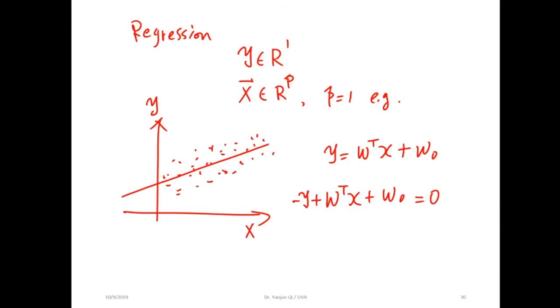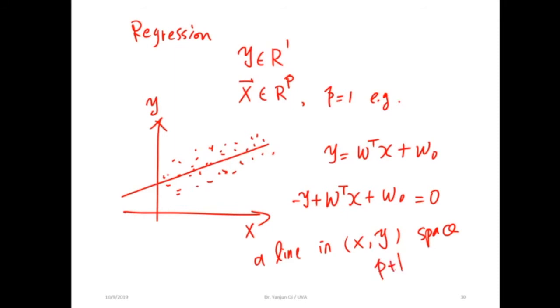That two-dimensional space is the x and y space. And this is what we mean by a linear line, and it's actually a linear hyperplane in the x plus y space. It's a p plus 1 dimensional space in the regression case.